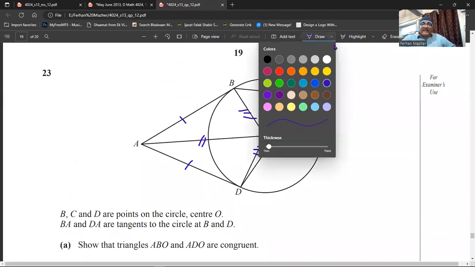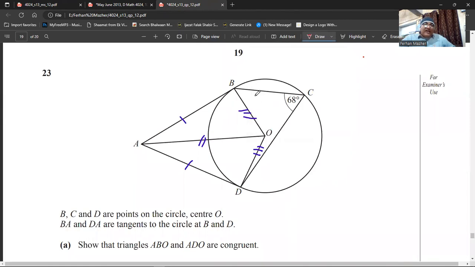Because B and D go to the circumference and the angle is 68, this angle BOD will be double this 68, which is 136.